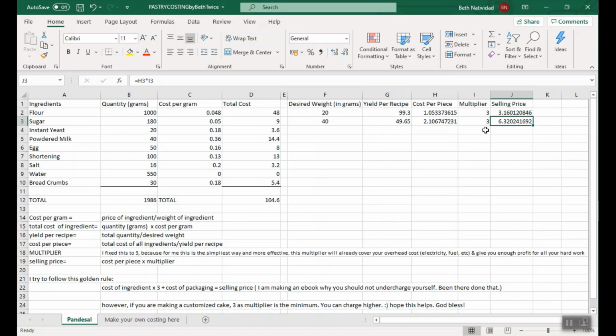So, why times 3? Why the multiplier of 3? This is the simplest way of computing the selling price. Hindi mo na kailangang i-compute kung ano ba yung cost mo sa electricity per recipe, ano ba yung nagastos mo na gas per recipe.